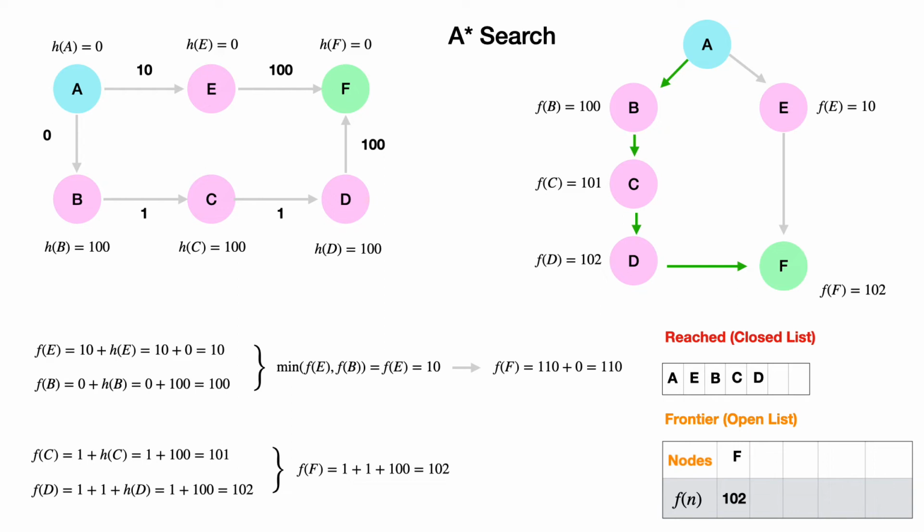So now when you sum up all the cost from node A to node F through B, C, D, the cost incurred is only 102. So that is lower cost as compared to the cost passing through E. So 110 is replaced by 102.